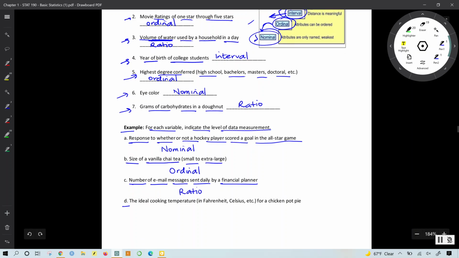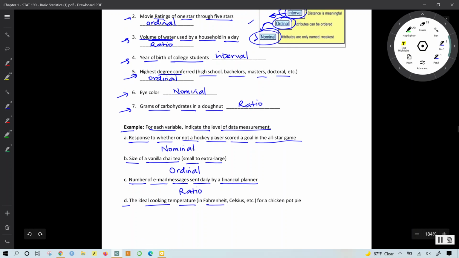Then finally, you have the ideal cooking temperature in Fahrenheit or Celsius for a chicken pot pie. Since it is temperature, 0 degrees Fahrenheit does not mean absence of the quantity. So this is a variable that has no true zero, and so it is at interval level of measurement.